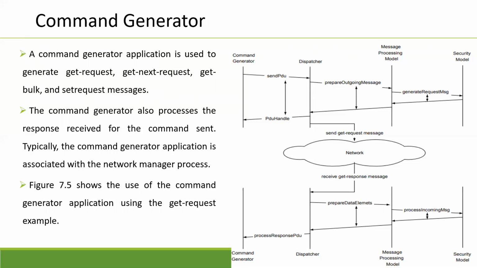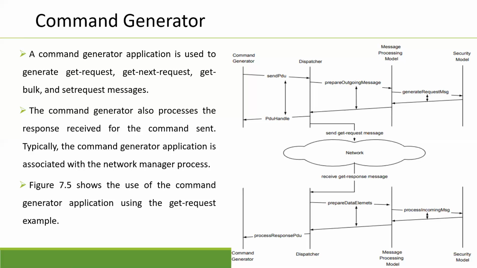The dispatcher receives the return message from the security model and forwards it to the command generator to process that particular response. For example, a command generator transaction is a version 1 get request command from a network management system NMS to an agent requesting the value of system group. The command generator sends a command and OIDs, object identifiers, to the dispatcher along with version number and security information. It also sends a tracking ID, SNMPv3 handle, to the NMS.